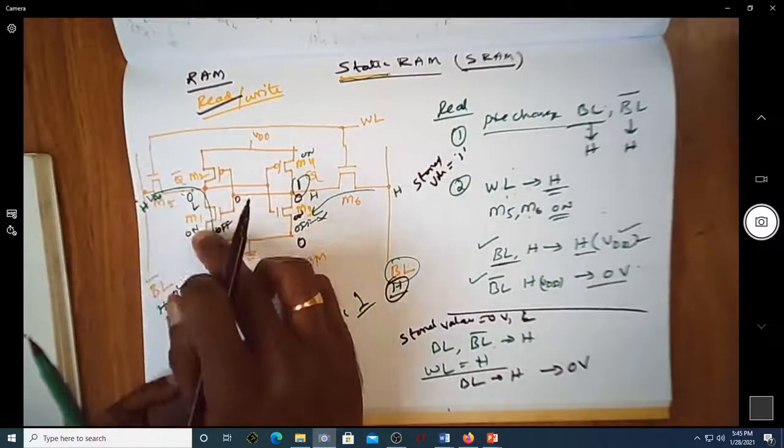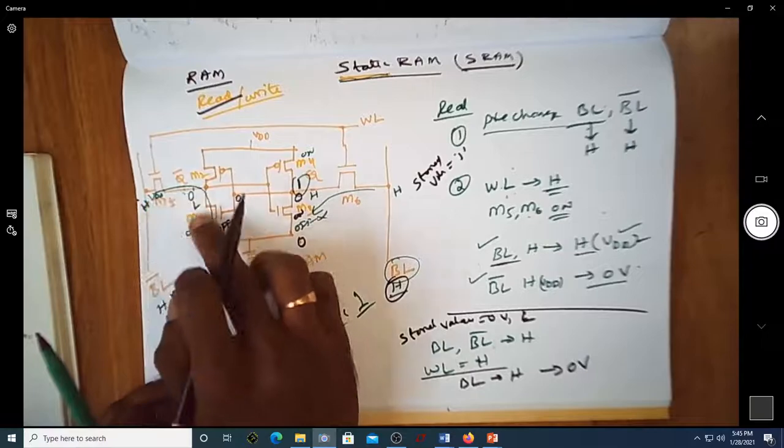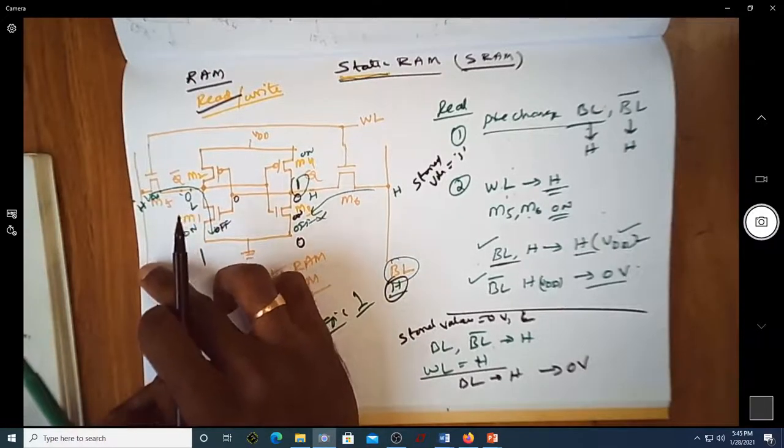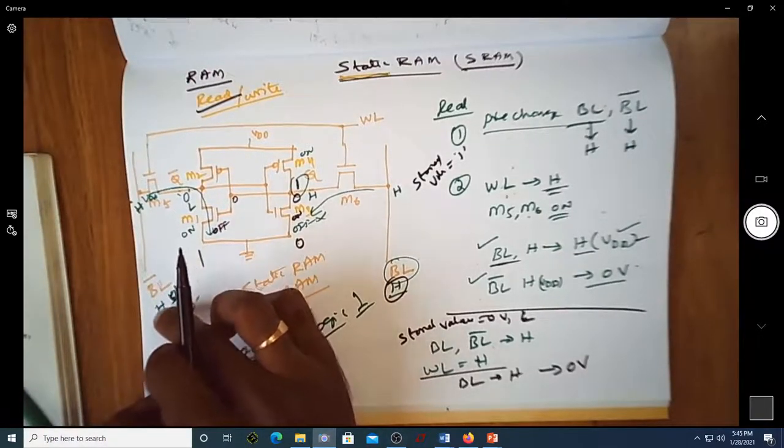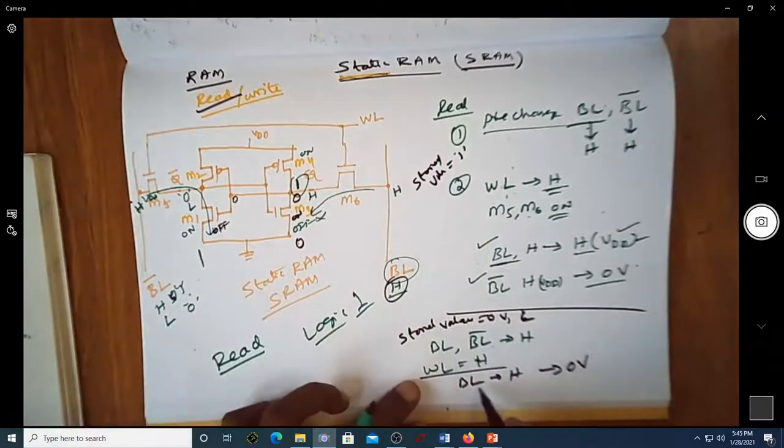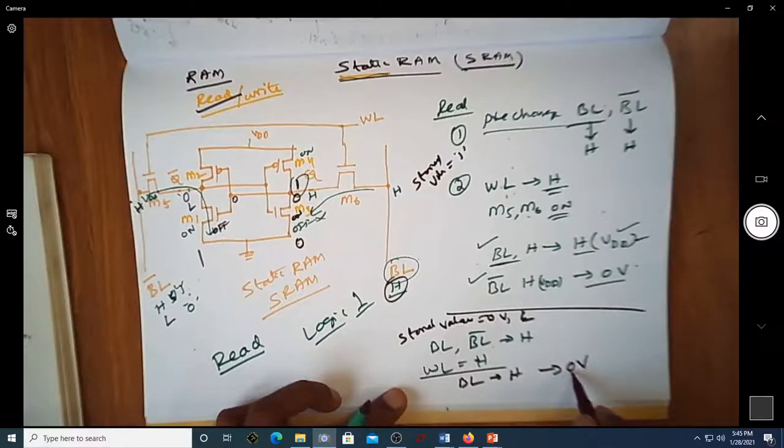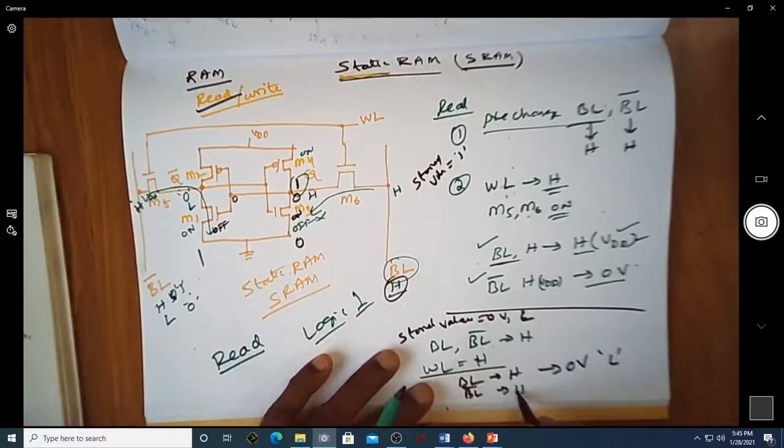If it is off, it won't discharge and won't change. The value remains at the pre-charge value, high. So the bit line which was high is now becoming 0 volt, a low level. Bit line bar, which was high, will remain high.